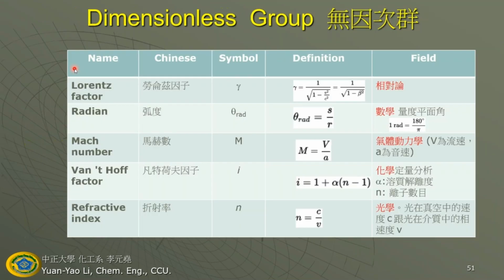And there are many dimensionless groups in physics, mathematics, aerodynamics, chemistry, and optical studies. This is the refractive index. There are many dimensionless groups. You don't need to remember this, it is just for your information.